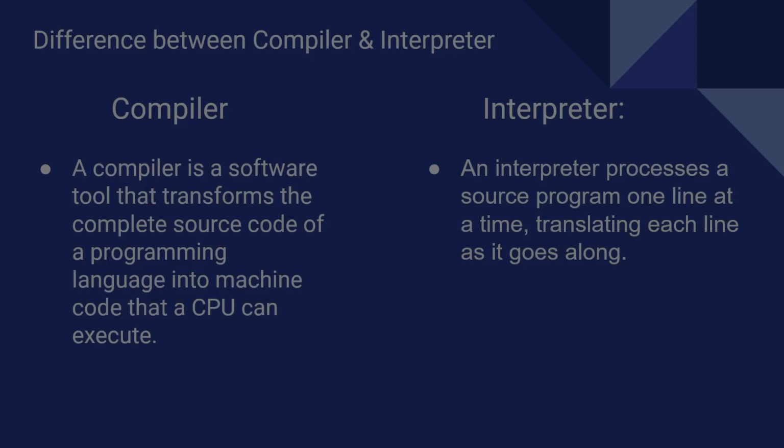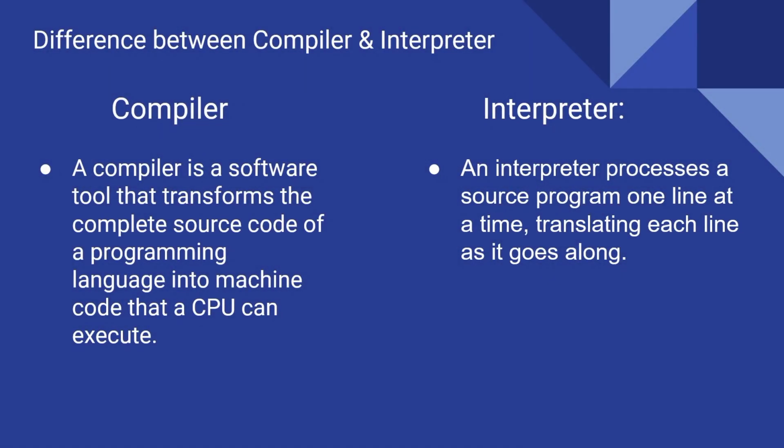Then, what are the differences between compiler and interpreter? A compiler is a software tool that transforms the complete source code of a programming language into machine code that a CPU can execute. Whereas an interpreter processes a source program one line at a time, translating each line as it goes along.